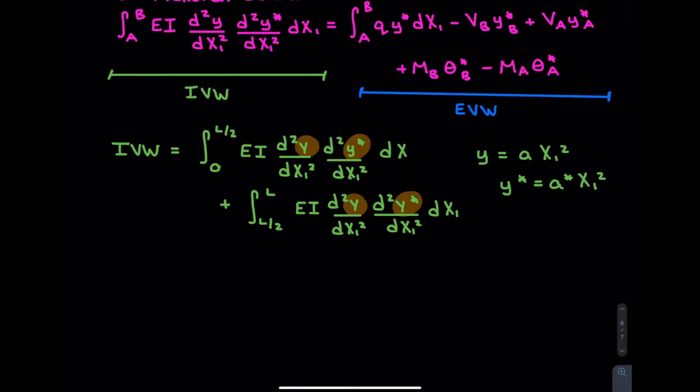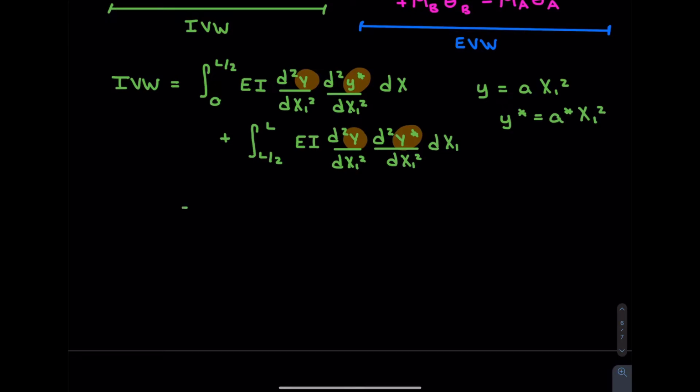So because of that, we can say the internal work is actually just the integral from 0 all the way to L. Because if we're integrating from 0 to L over 2 and then L over 2 to L, it's the same as just going from 0 to L as long as everything inside of that integral is the same.